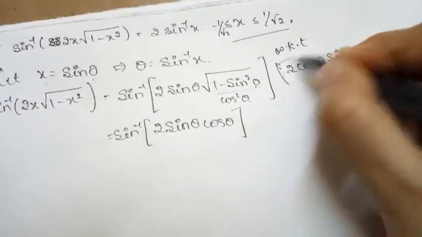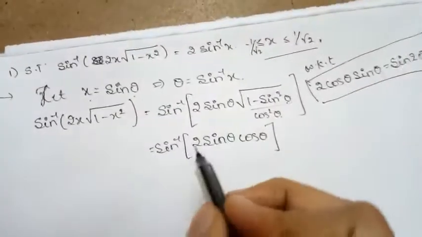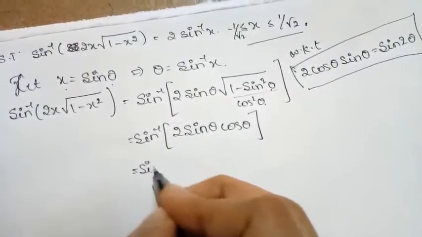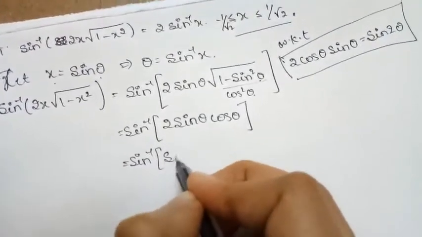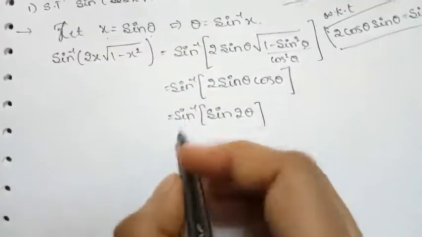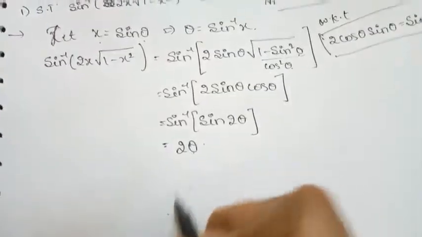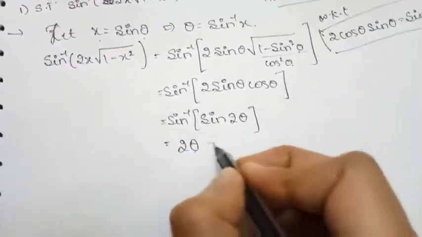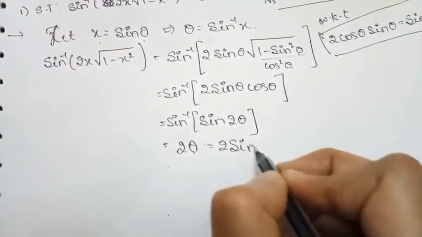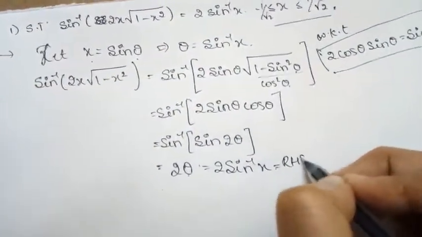This is the identity which you have already learnt. So by using that identity, that is nothing but sine inverse of sine 2 theta. So sine inverse of sine 2 theta means it is 2 theta. So what is theta here? That is 2 times sine inverse of x, which is nothing but our RHS.